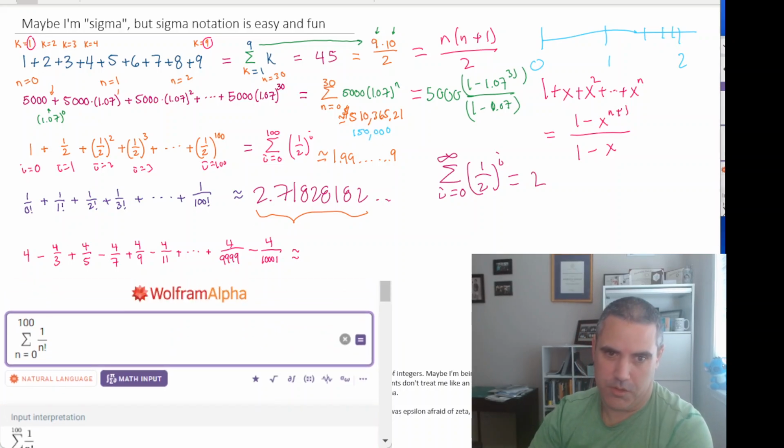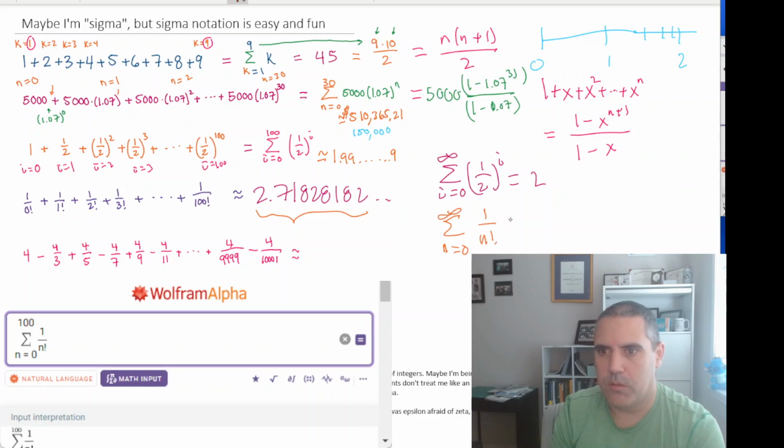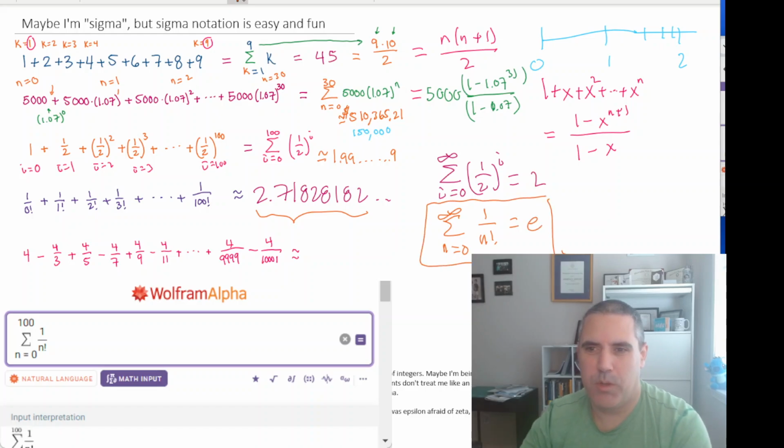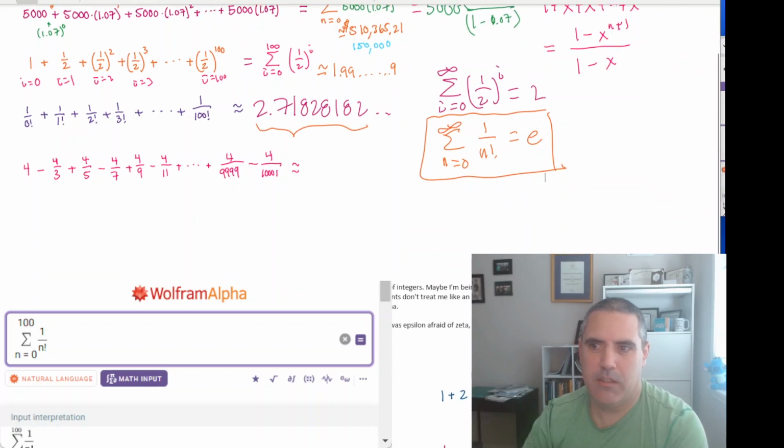And if you study Taylor series, which my students are about to do, you will learn the Taylor series for e, which is very valuable. I think this is one of the more beautiful results, that the sum from n equals 0 to infinity of 1 over n factorial is e. In fact, that's probably one of the best ways to get a lot of digits of e. This is extremely accurate.